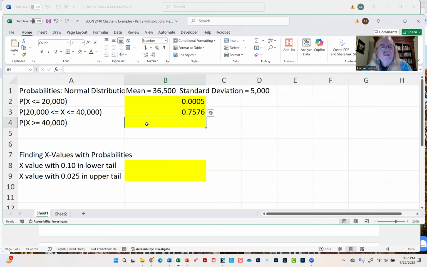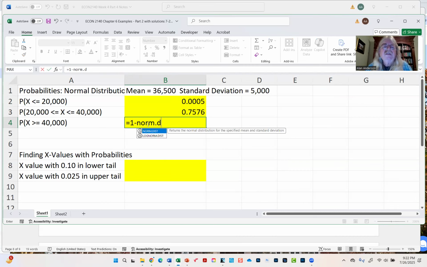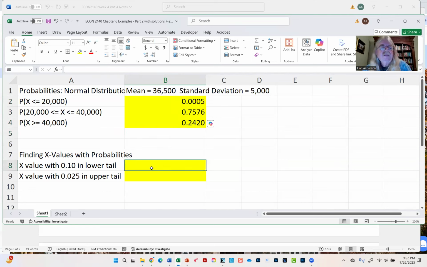All right, and then for greater than or equal to, we know how that works too. It's 1 minus norm.dist of 40,000, 36,500, and 5,000. Plus, don't forget the 1. All right, so those are fine.